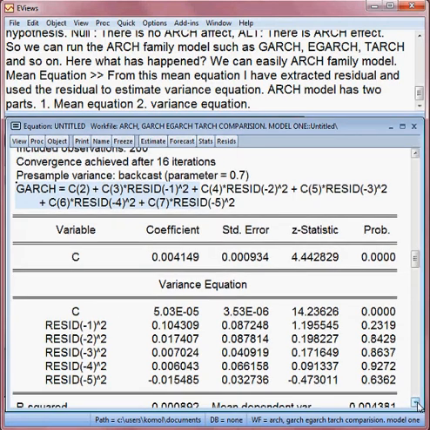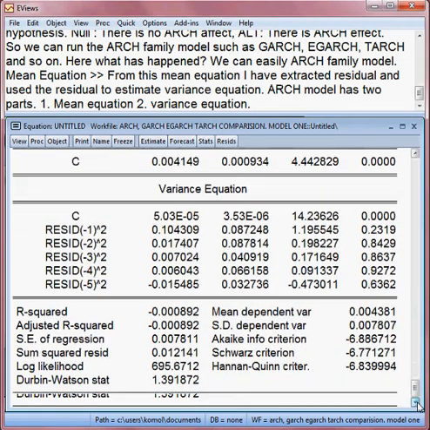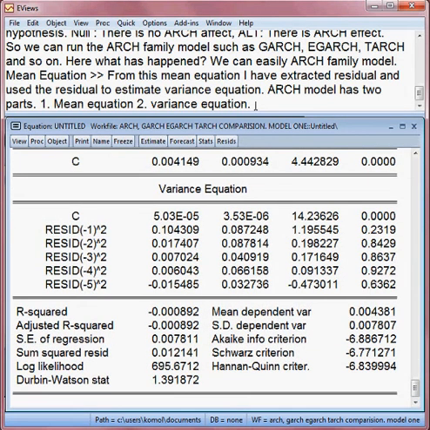And here you can see the value of AIC and SIC. You can see from here the Akaike information criterion and the Schwarz criterion, right? There are two things that we call AIC and we call SIC.